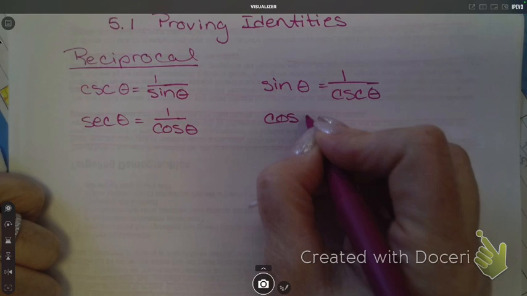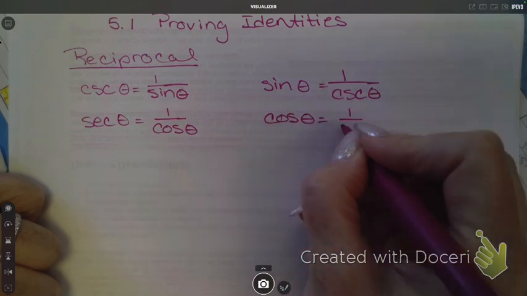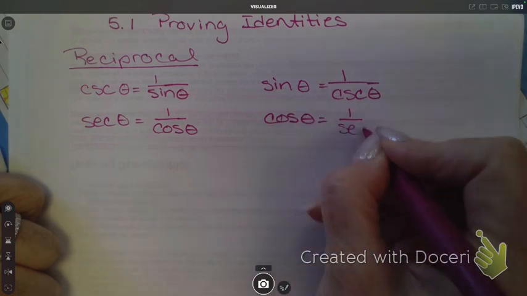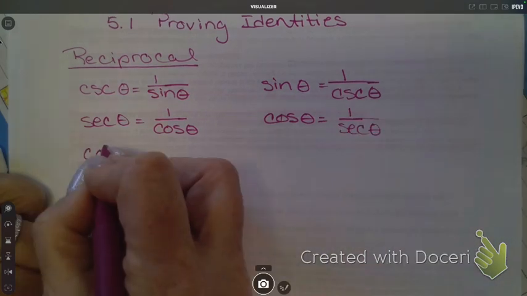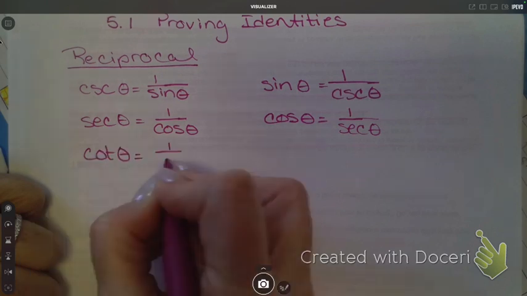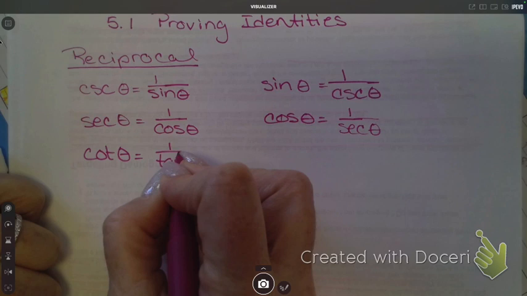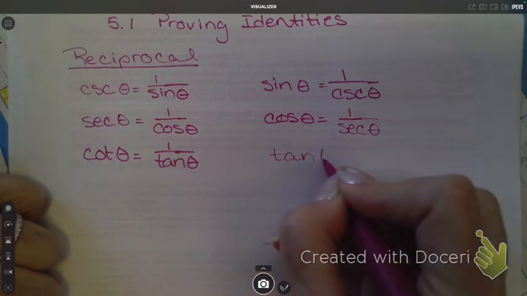And then cotangent is 1 over tangent. And tangent is 1 over cotangent.